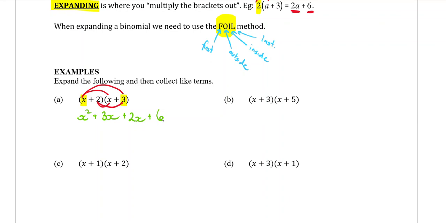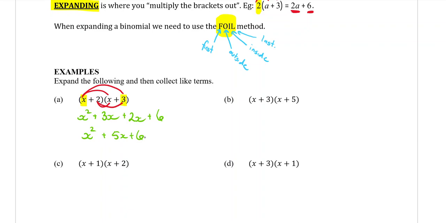Now, for most of the questions that we do, we will need to add together the middle terms. Remember, you can add x and x. So 3x plus 2x makes how many x's? 5 x's. So we just rewrite it and go x squared plus 5x plus 6. And that's the final answer.